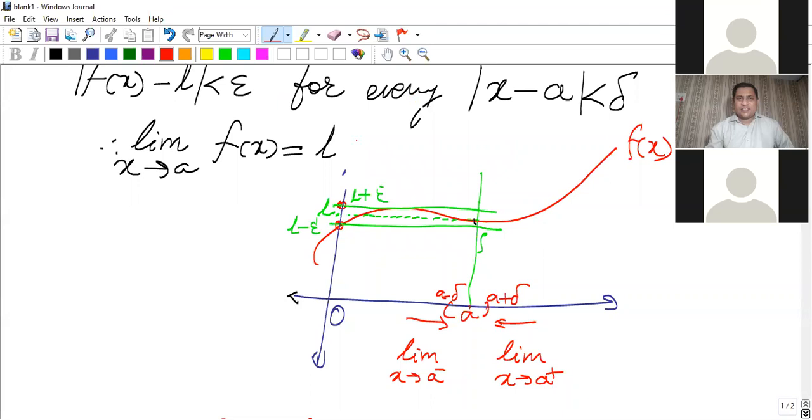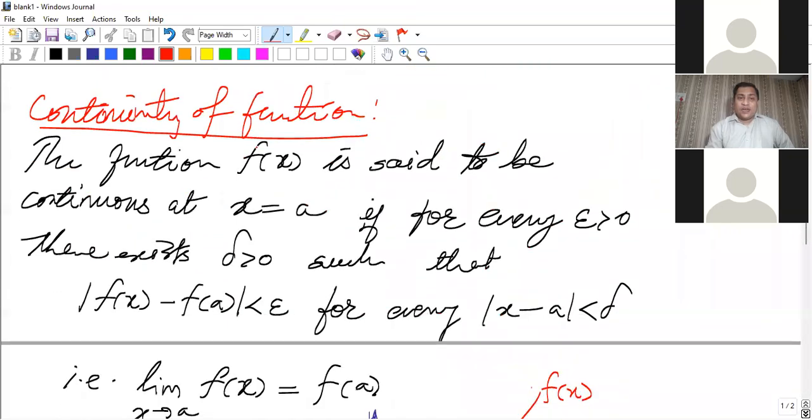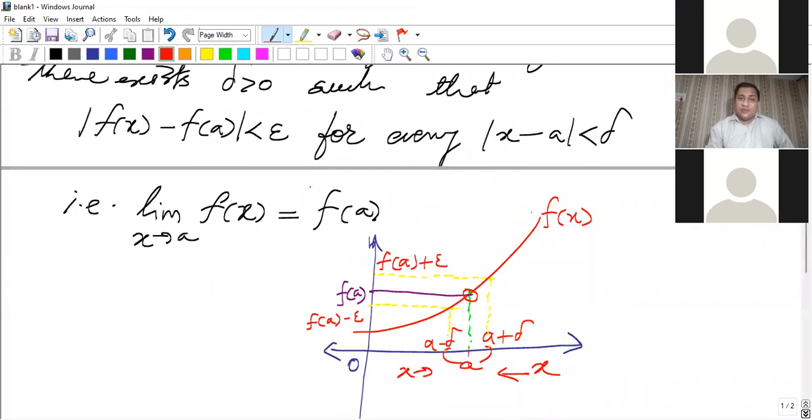So this L does not depend on f of x. In the limit, whatever value L we are getting is independent of f. And in continuity, this limiting value is depending on f of x. So this is the minor difference.